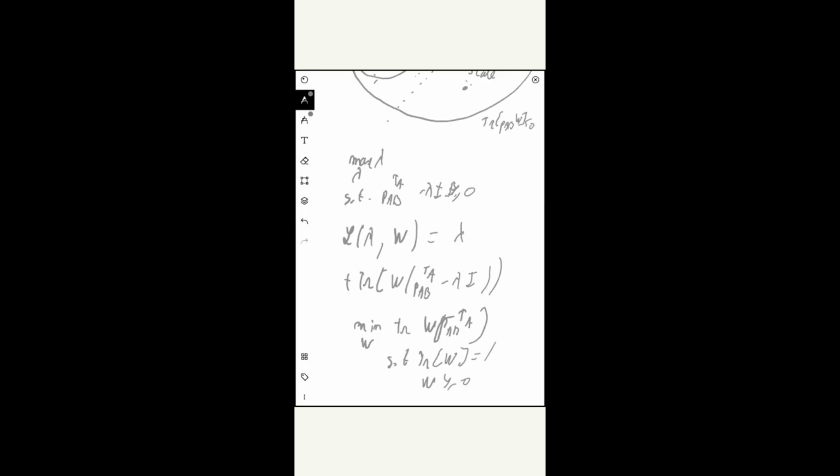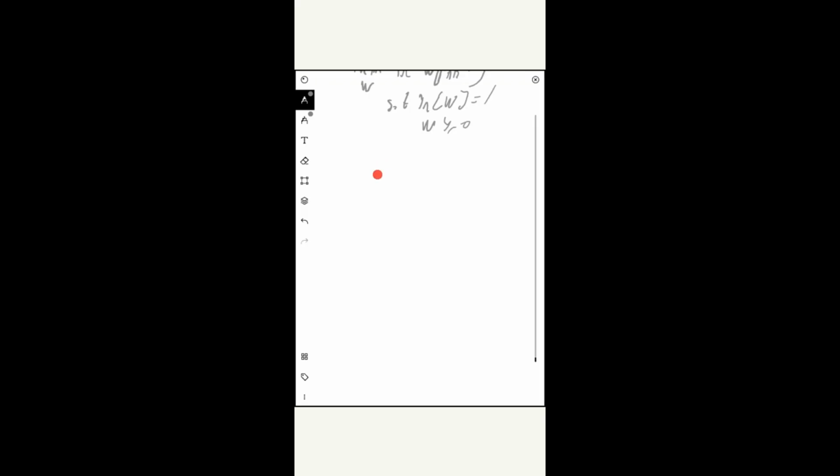So we just get, with the change of variables, minus the trace of W rho_AB such that the trace of W equals 1 and W^TA is semi-positive.